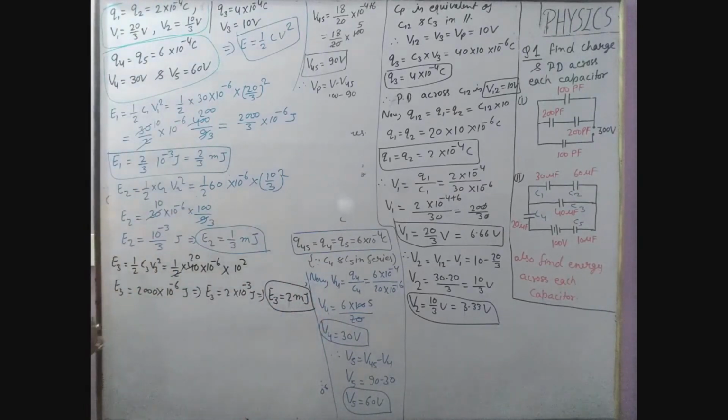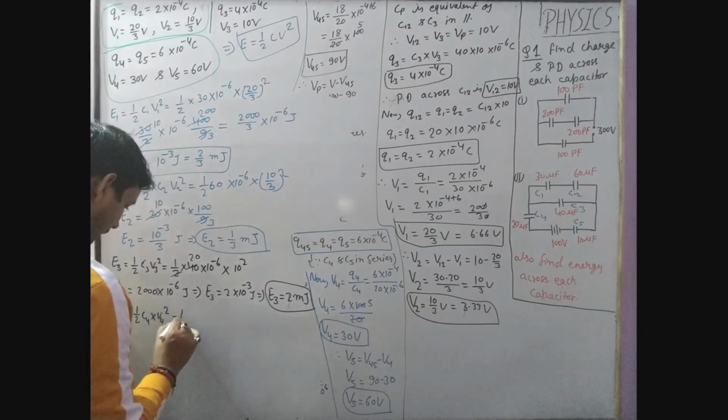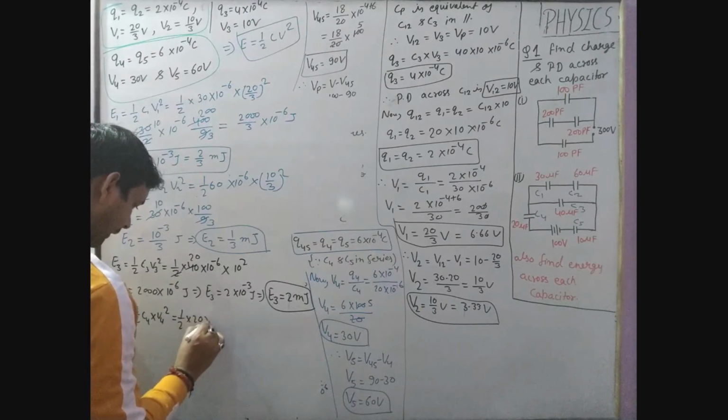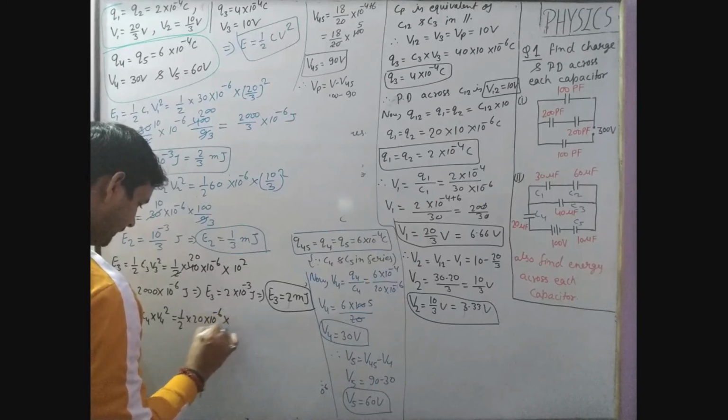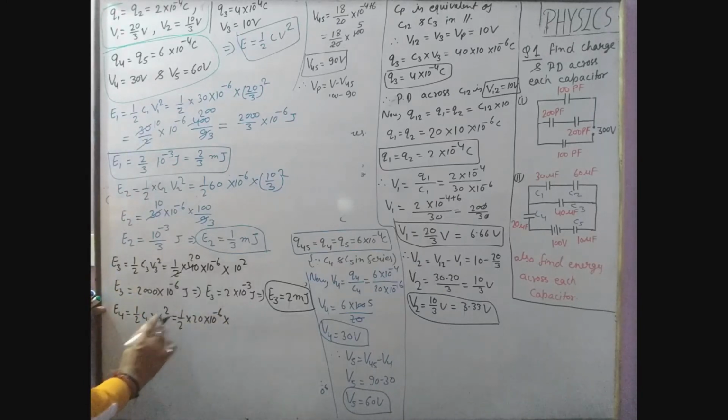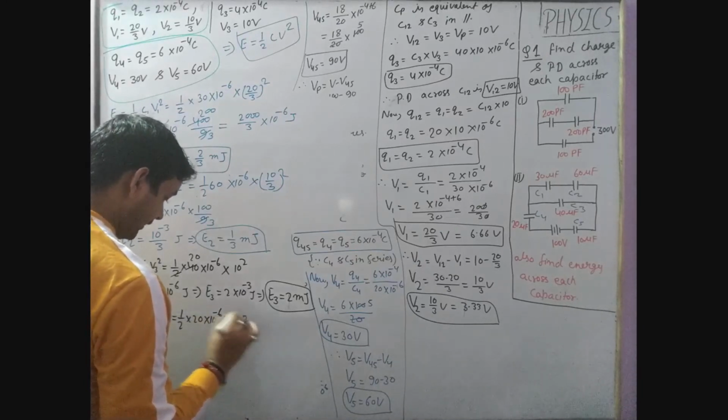Next, E4 is half C4 into V4 square. Now C4 is 20, so half into 20 into 10 to the power minus 6 into 30 square.